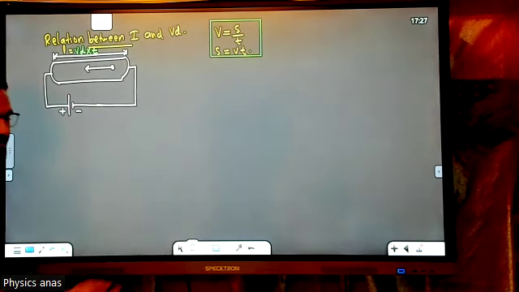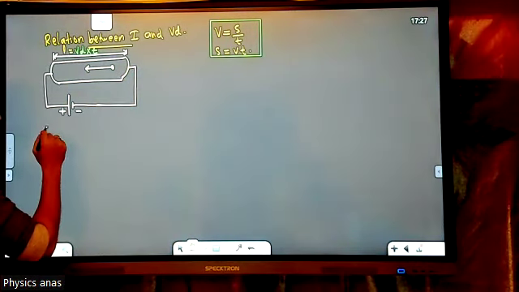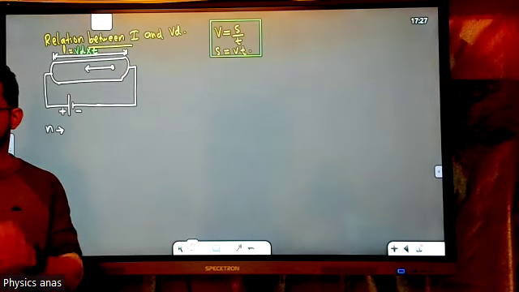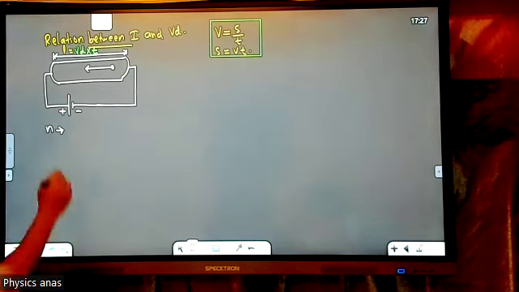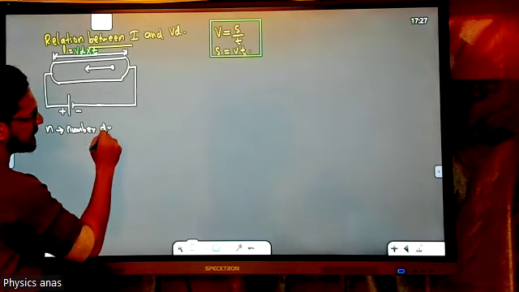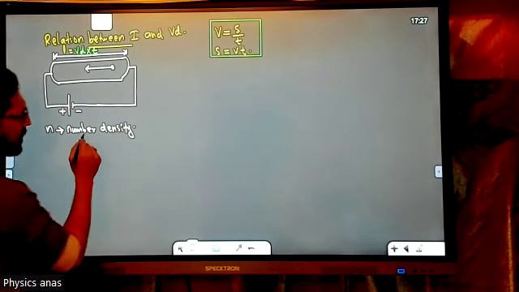Let's see how that is. I am introducing you to a new term here. That new term is n. That's called number density. What is n called? n is called number density. What is this number density?